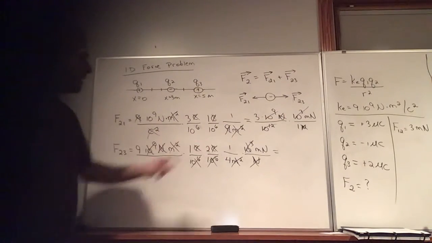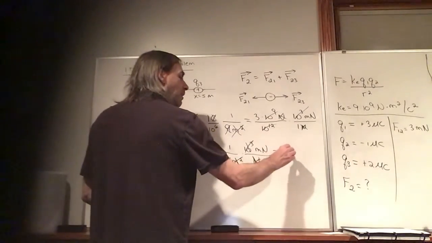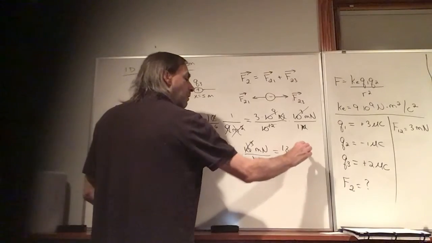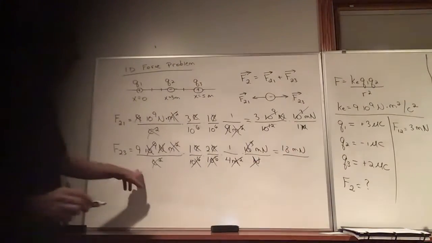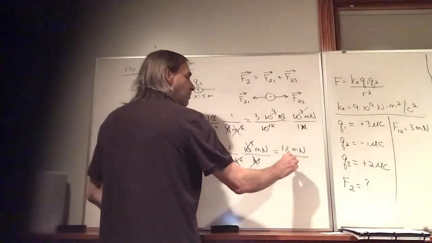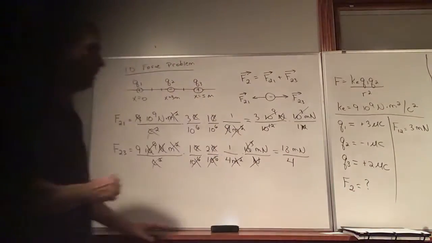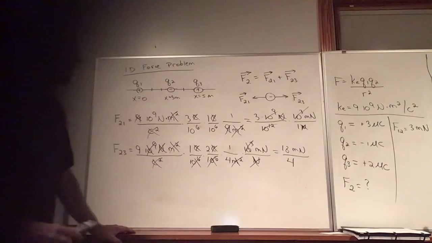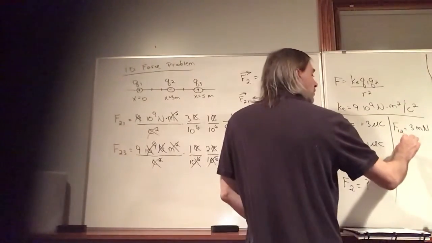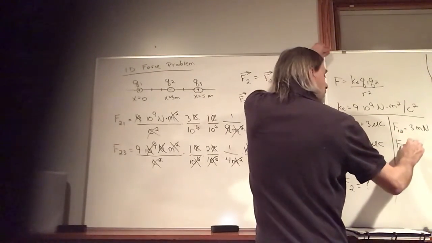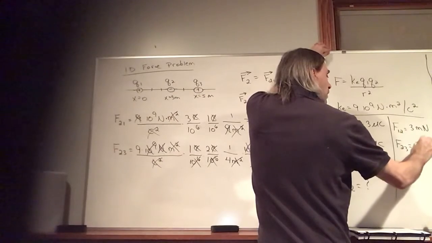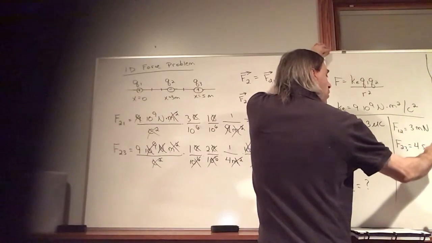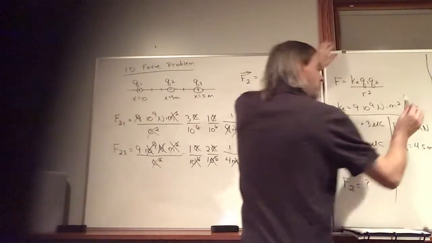So here we have 9 times 2, this is 18. And on the bottom we just have 4. So this is 9 halves, or 4.5. So F23 is 4.5 millinewtons.